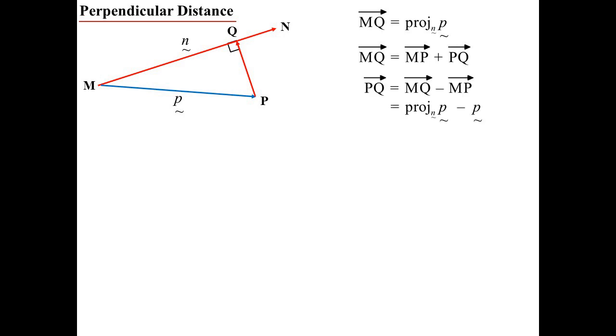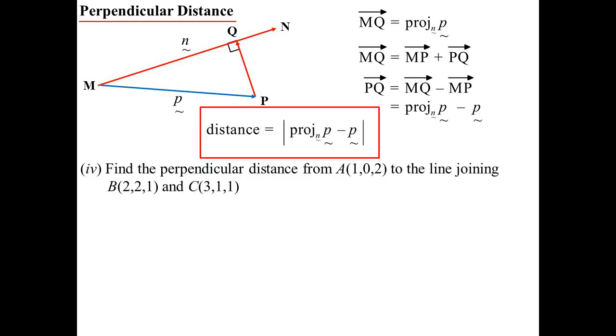Rearranging, we get that the vector PQ is MQ minus MP. Now MQ, that's our vector projection of P onto what I've called the vector U, minus the vector that we're projecting, so P. So the distance then would be the magnitude of that result. So the magnitude of the projection of P onto U minus P itself.